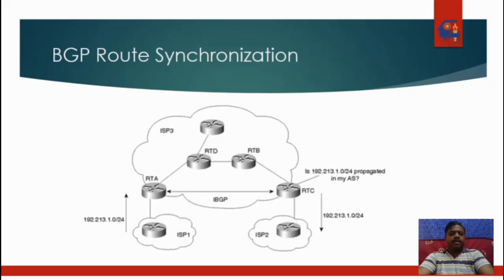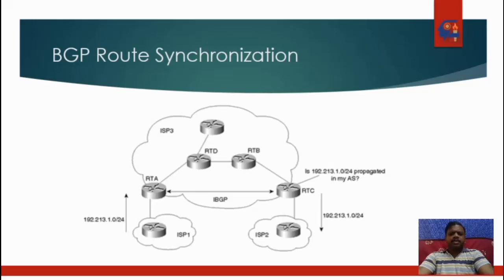RTC will perform a lookup in its IP routing table and will direct the traffic towards RTB. RTB, having no visibility to the BGP routes, will drop the traffic because it has no knowledge of the destination. The traffic is dropped because BGP and IGP are not synchronized in this example.